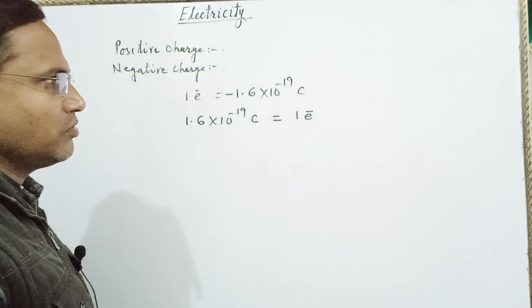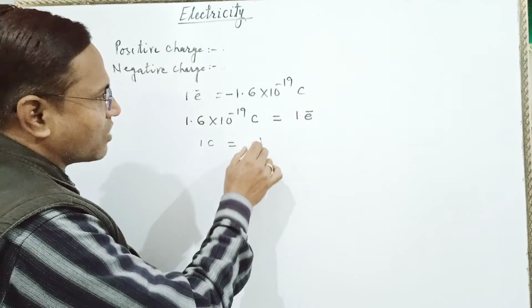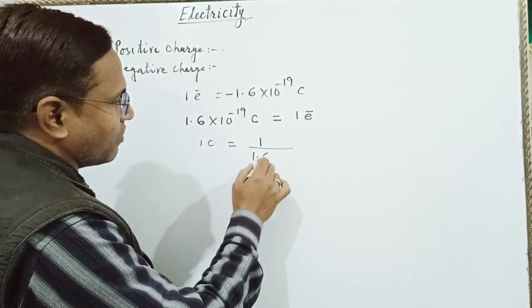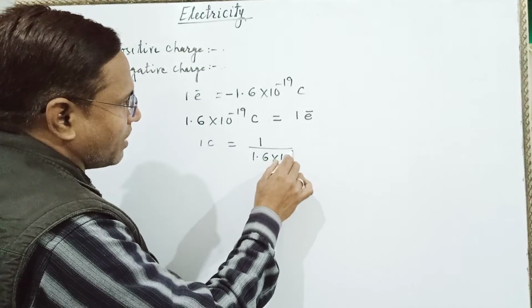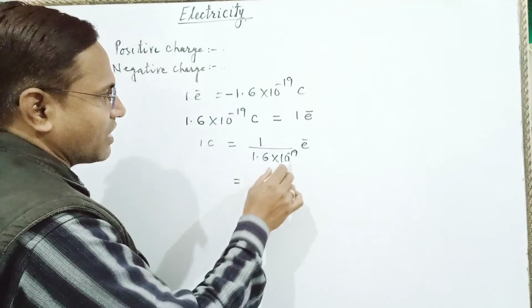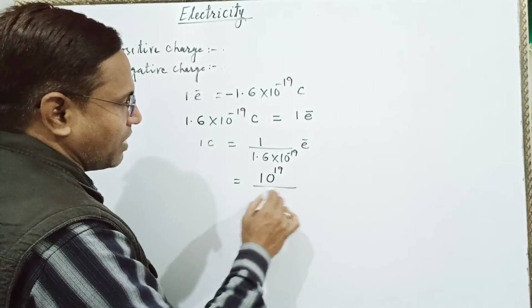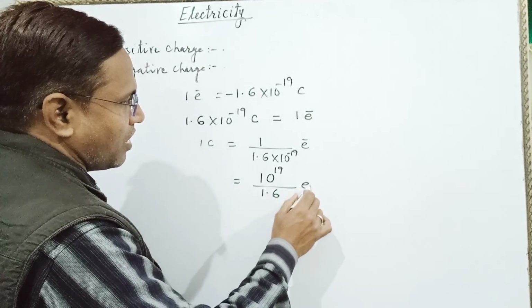So 1 coulomb of charge is present on how many electrons? 1 by 1.6 into 10 to the power minus 19 electrons. This becomes 10 to the power 19 by 1.6 electrons.